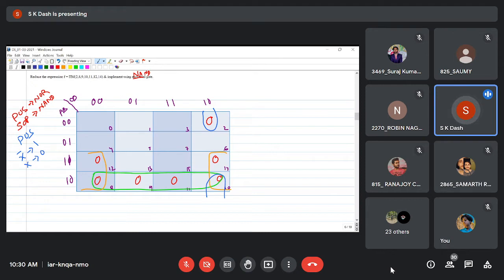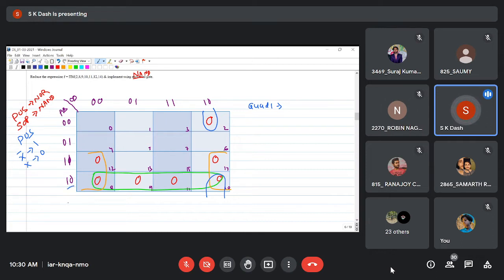First, let us start with this green color quad, quad 1. For this quad 1, is there anything common on the CD side? Nothing is common for all. In AB, what is common? This 1, 0 is common.